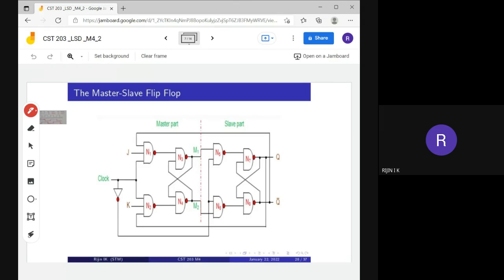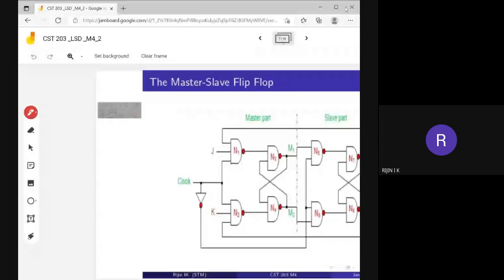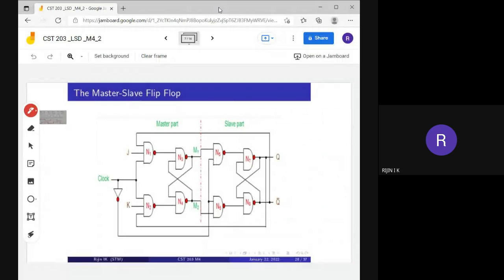Okay, J equal to K equal to 1, correct. If J and K both are equal to 1 in a level triggered flip-flop, then the situation will come. It will continuously toggle. So we cannot predict the exact output in that situation. That is race around condition.